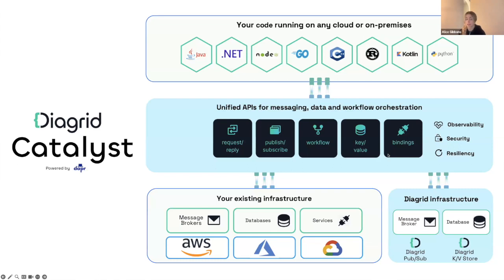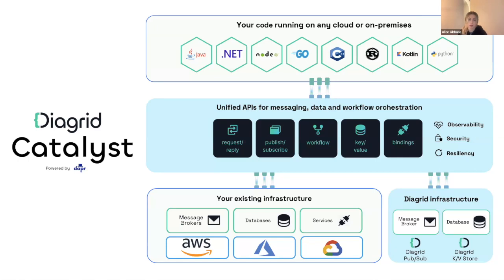We're providing a set of 5 different APIs, for data, for workflow and orchestration, and bindings. And we are providing these cross-cutting concerns for observability, security, and resiliency. You can also take advantage of your existing infrastructure. So if you run with cloud infrastructure on cloud targets like AWS or Azure, you can take advantage of those.